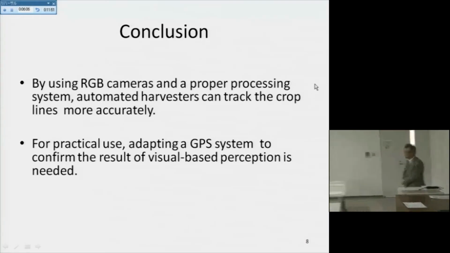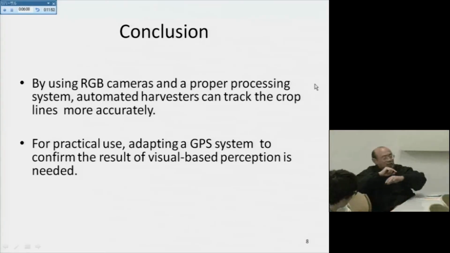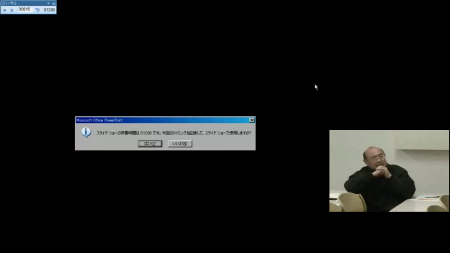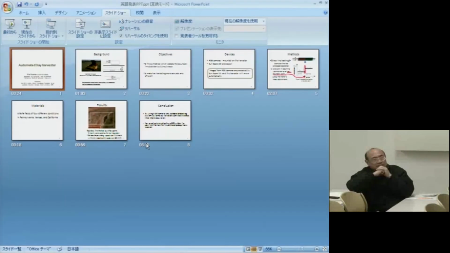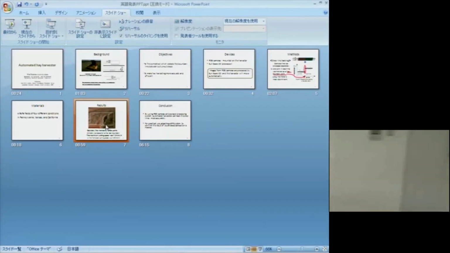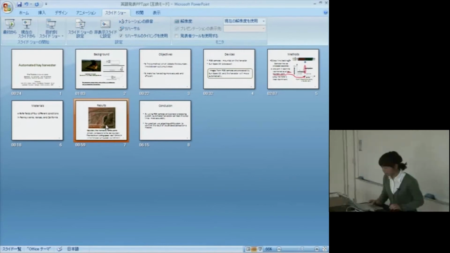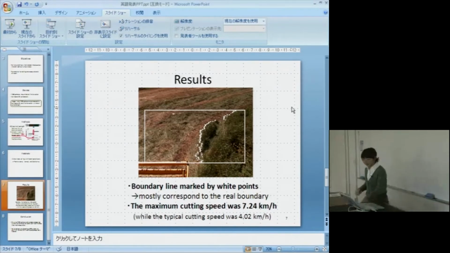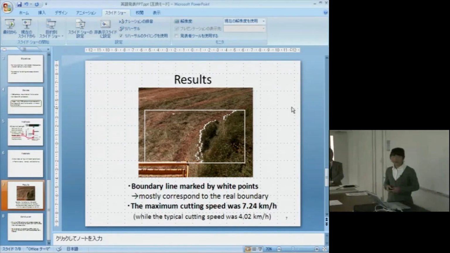Can you explain the slide with the white dots on the edge? Slide number 7, yeah, that's the one. What do you mean by boundary line marked by white points?